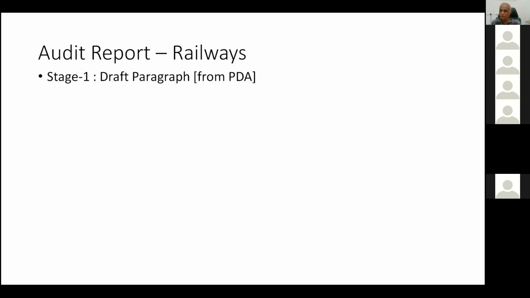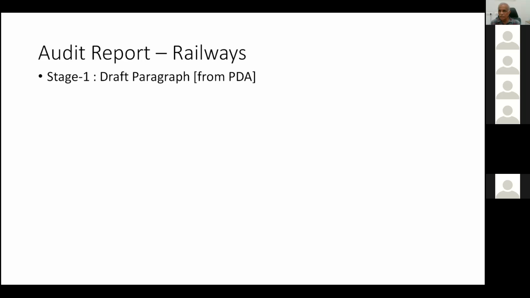This draft para will come from either Principal Director of Audit or we can call Director General of Audit. He will send one copy invariably to Deputy DAI Railway, who is at Railway Board level, so he will inform him.